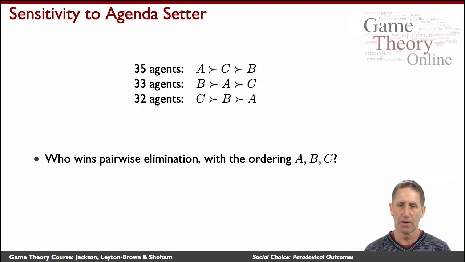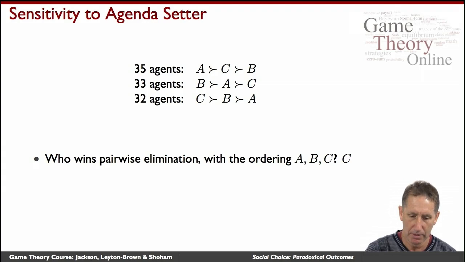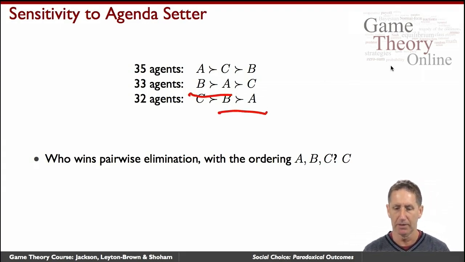So imagine pairwise elimination with the order of comparison A, B, C. In other words, A will be compared to B, and then the winner will be compared to C. So who would be the winner of this election? A good time to pause the video and think about it. And once you do, you realize that C would be the winner, because when A is compared to B, we have B preferred to A by a majority of the agents, so A would be eliminated.